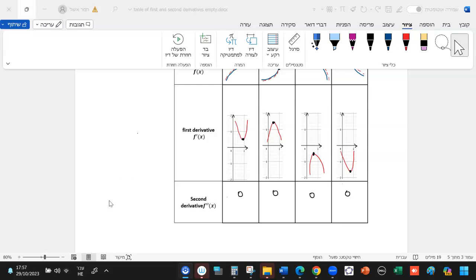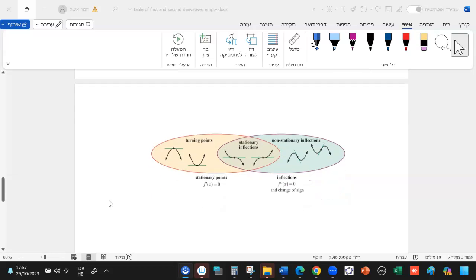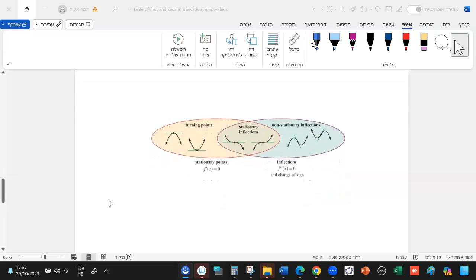In order to summarize everything, we will look at this diagram that shows all stationary and inflection points. The stationary points is where first derivative equals 0. It means that the gradient of the function is 0. It could be minimum or maximum.